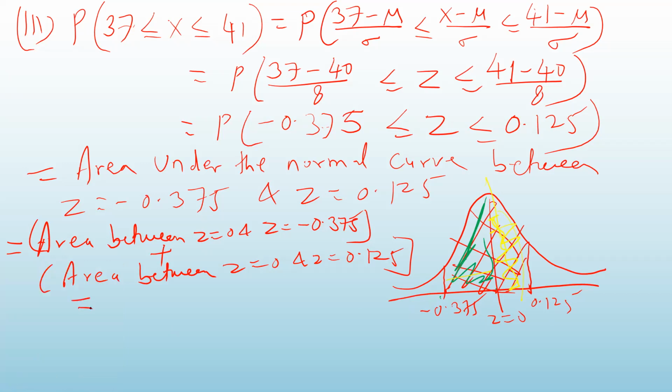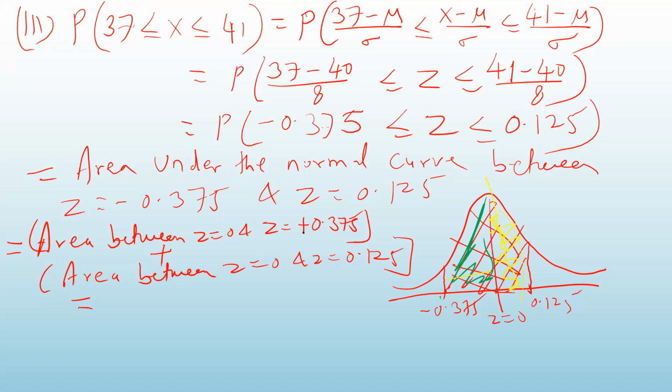Now, what is the area between z equal to 0 and minus 0.375? It will be the same as the area between z equal to 0 and plus 0.375 because of the symmetry. And that is given to me in the table. I can find that.